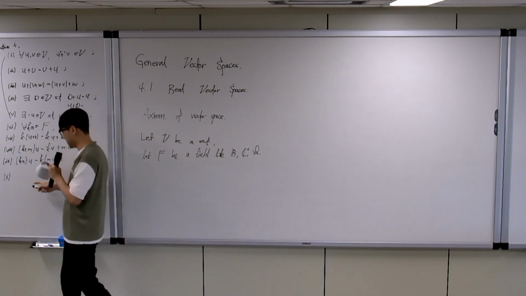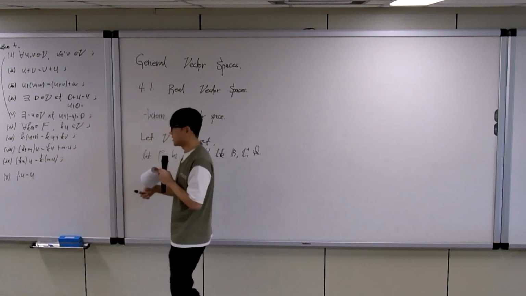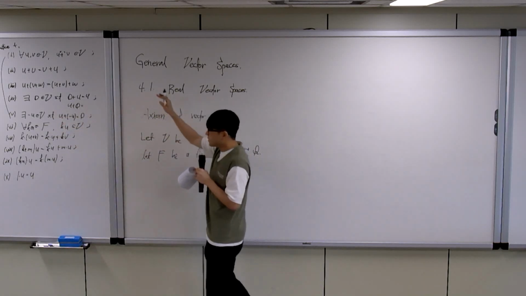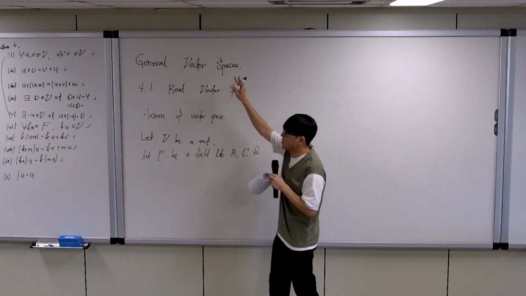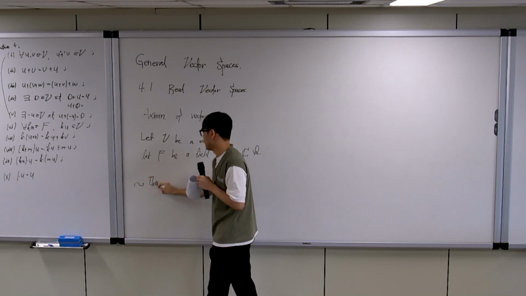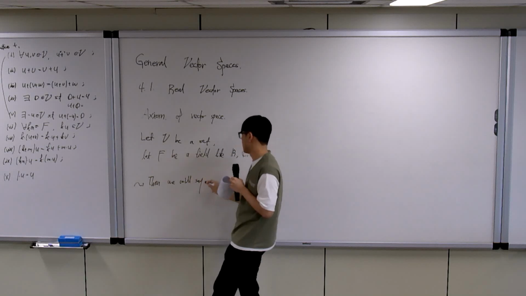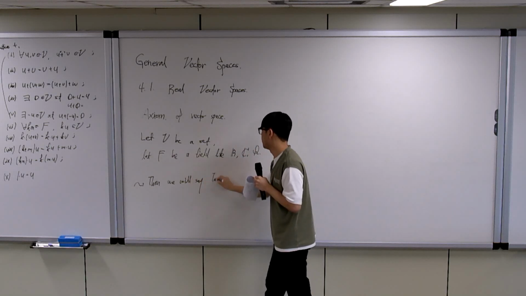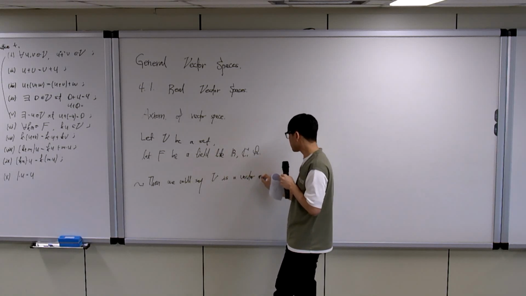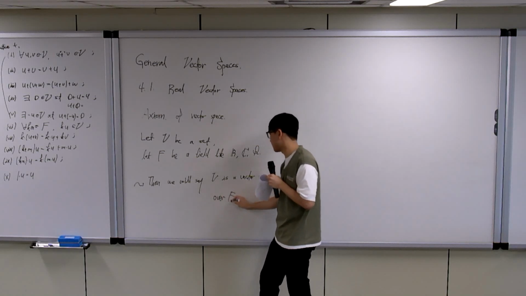It is 1, and it will not change any element of V. So if V satisfies these 10 axioms, then we will say V is a vector space over F, over a field F.